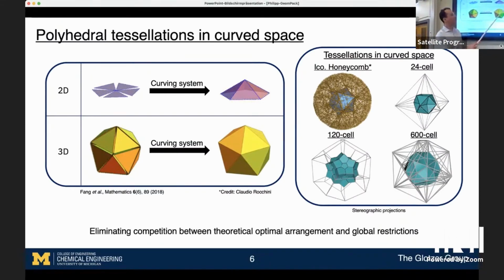You also have for icosahedra, where you don't go in S3, but in H3, the icosahedral honeycomb which tessellates space completely. This means that in these kind of assemblies, or in these kind of spaces, we theoretically have an optimal arrangement of these particles, and also globally you don't have any frustration.